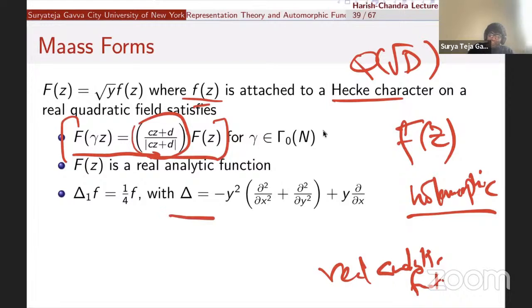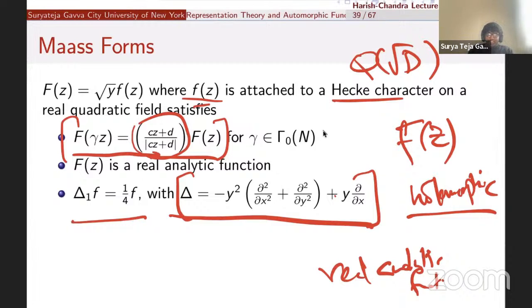They satisfy that this operator on H, like the Laplacian, the weight 1 Laplacian, has F as an eigenfunction.